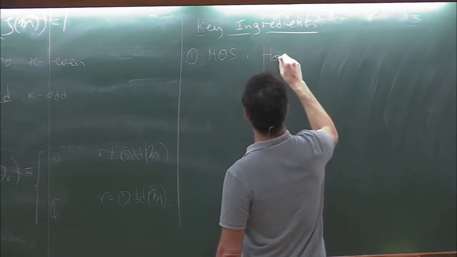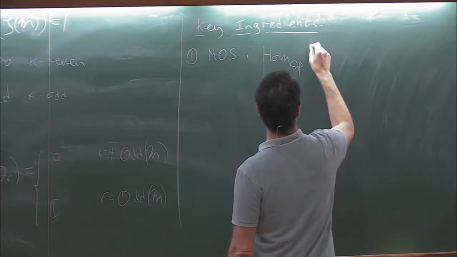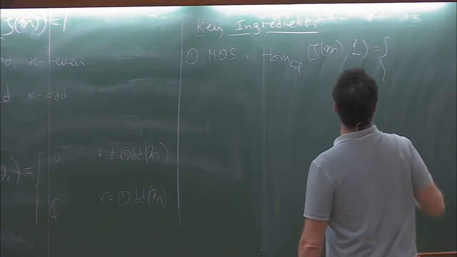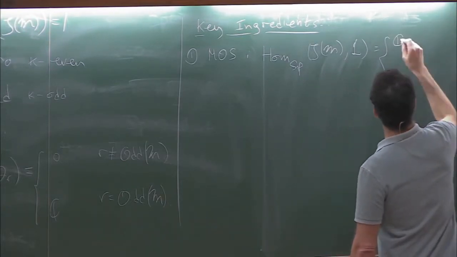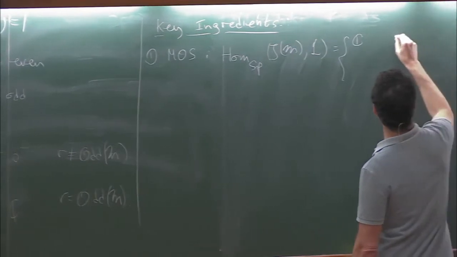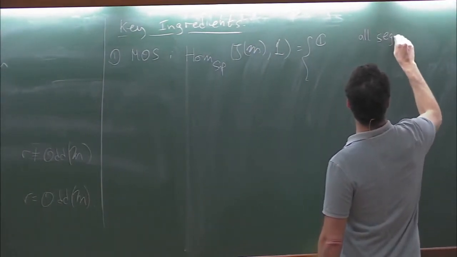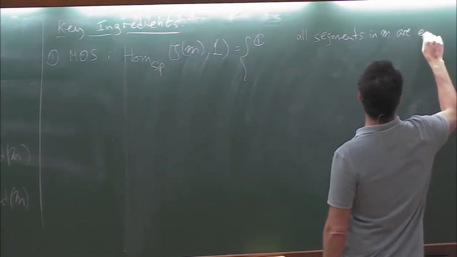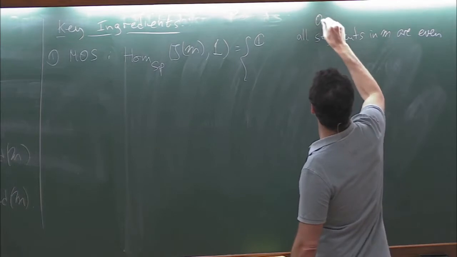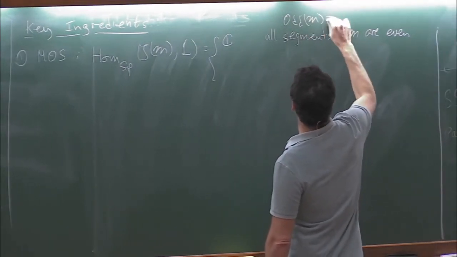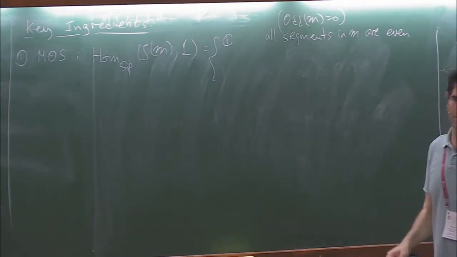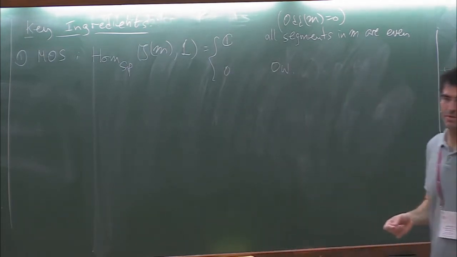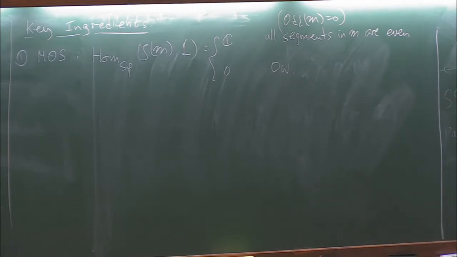And that's the result that Hom_Sp is one-dimensional if all segments in M are even, or in other words, the odd part equals 0, and it is 0 if there is a segment which is odd.